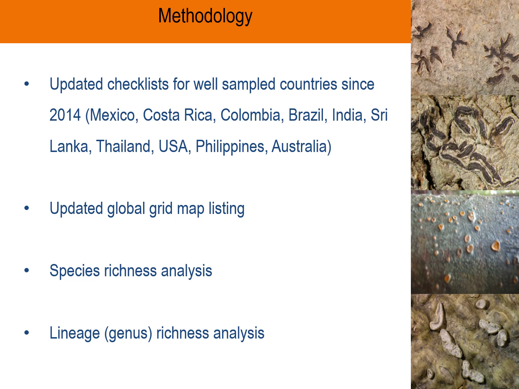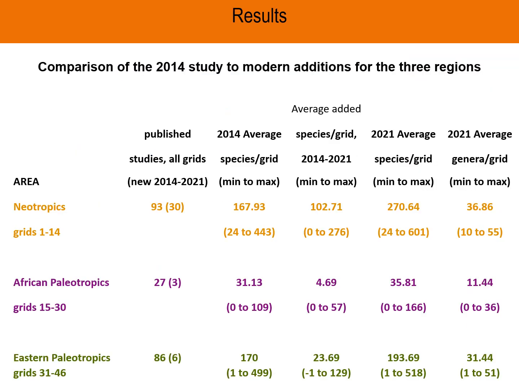To test our hypotheses, we updated the Graphidaceae checklist for several well-sampled countries. Also, we updated the global grid map listing from 2014 to 2021. The data was used to conduct species richness and lineage analysis. We have preliminary results at the grid square scale.